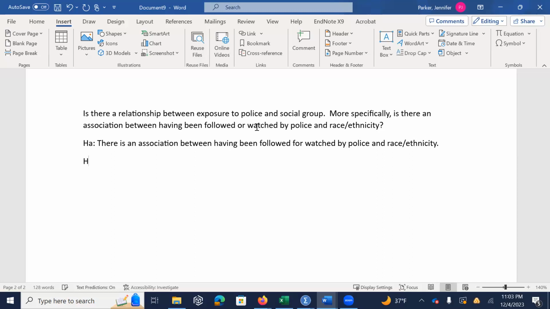Well, the null is there is no association between having been followed or watched by police and race, ethnicity.